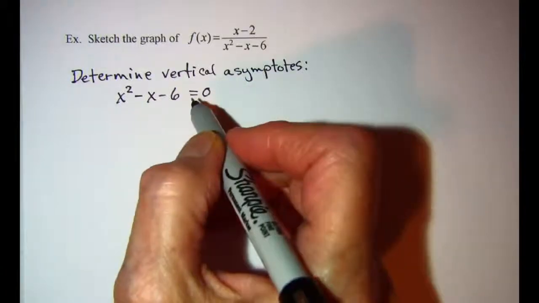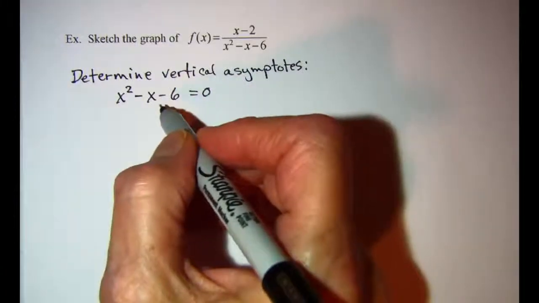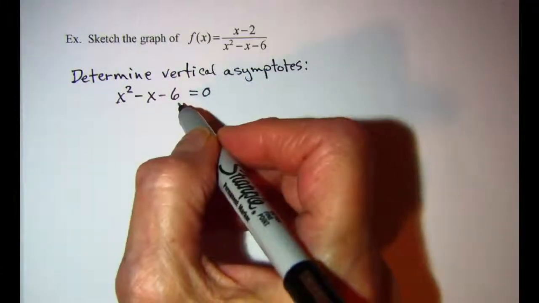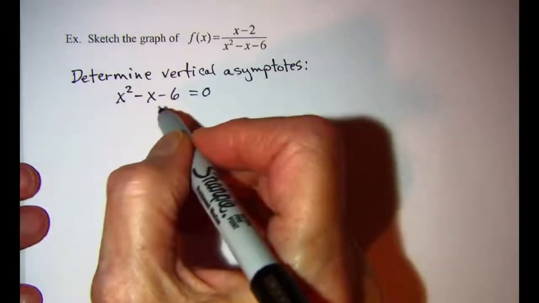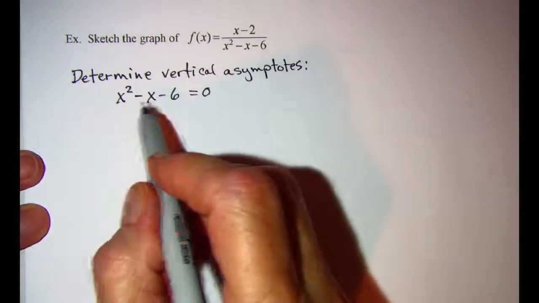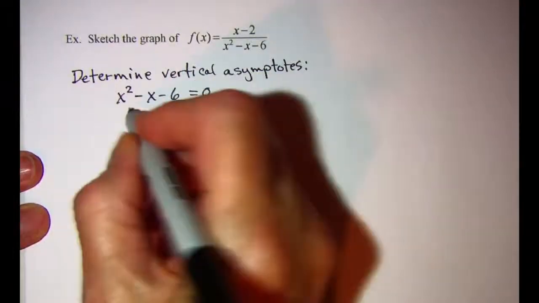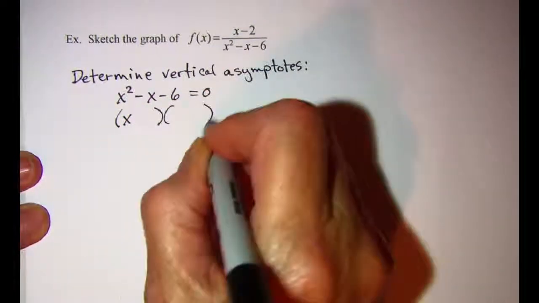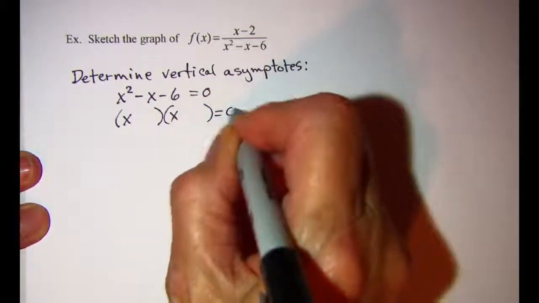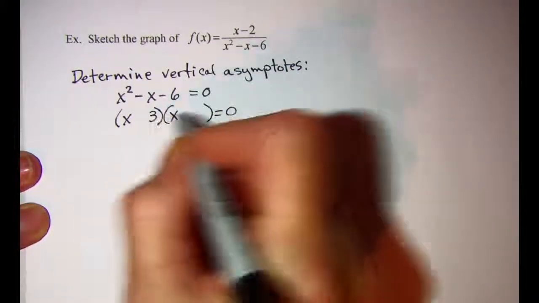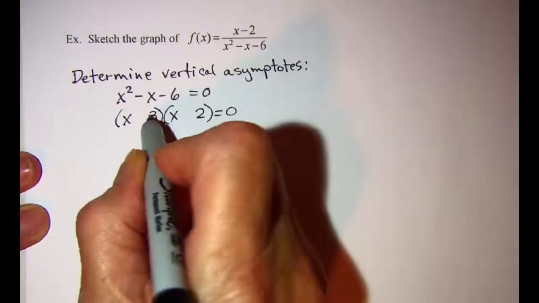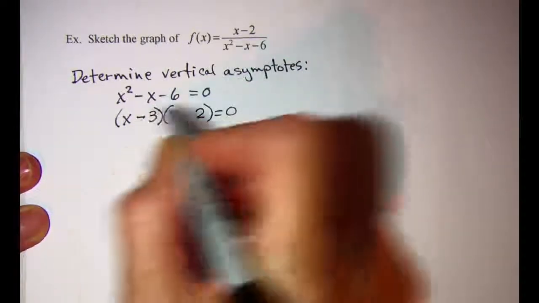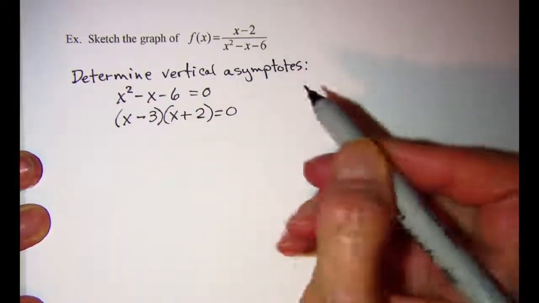Now we know that in order to find the value for x, we can use the quadratic formula, or we can factor. This quadratic equation factors pretty easily, so I'm going to factor. We need 3 and 2, and it looks like the 3 needs to be negative, the 2 positive.